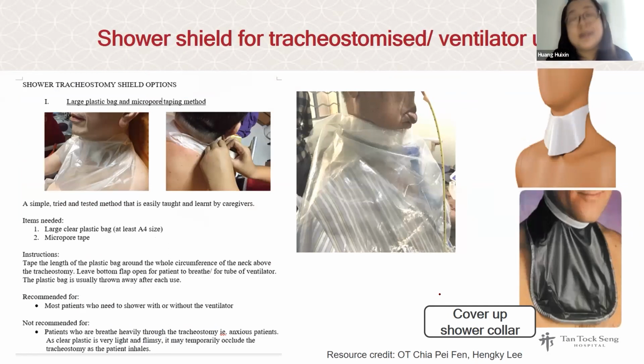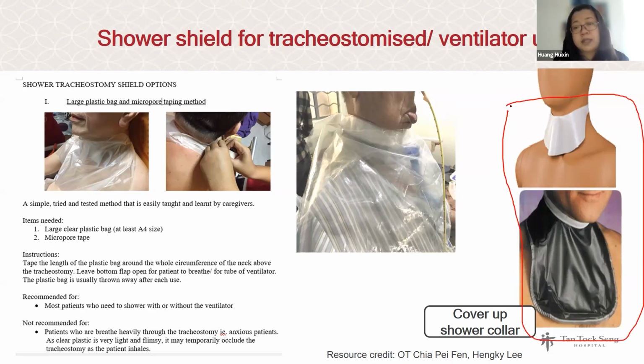we also understand that some patients that we have are on tracheostomy. So we are still allowed to shower them, but of course we have to learn how to protect the trachea. In the commercial market, we do have some cover-up shower collars that are shown here. But we do understand that some of them are not very accessible.